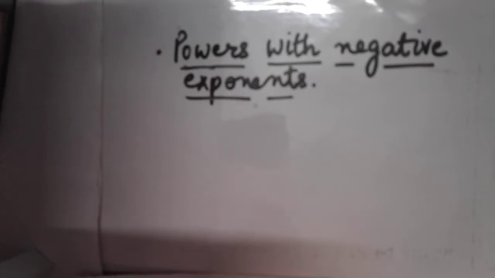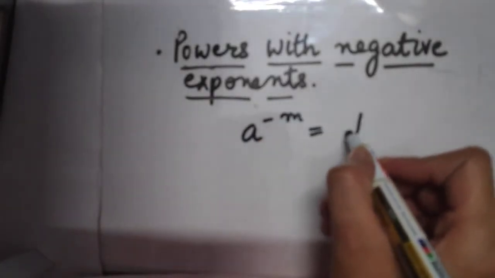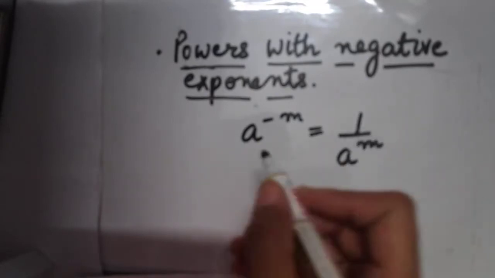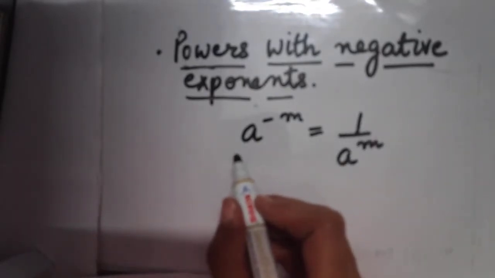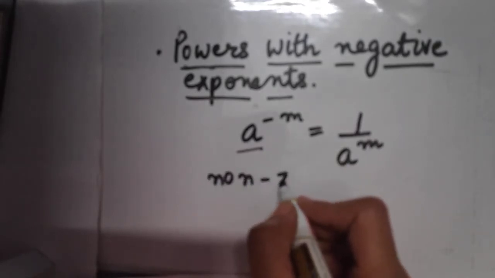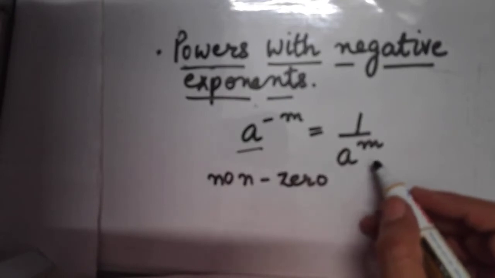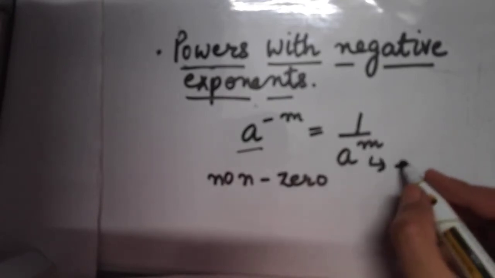And a raised to the power minus m, as I told you, is equal to 1 over a raised to the power m, where a is any non-zero integer and m is a positive integer.